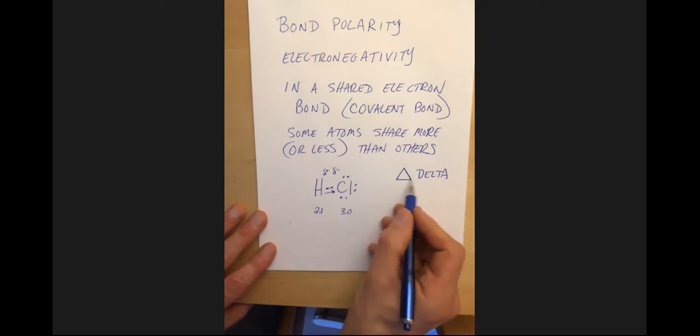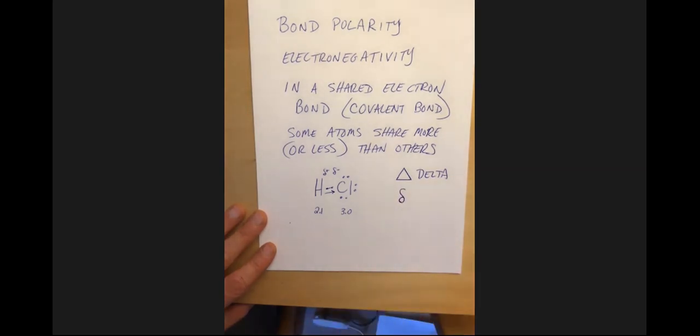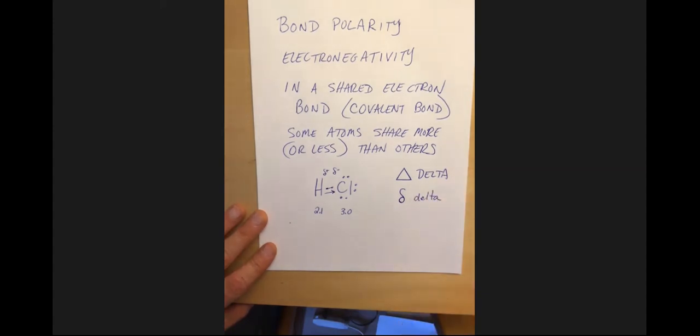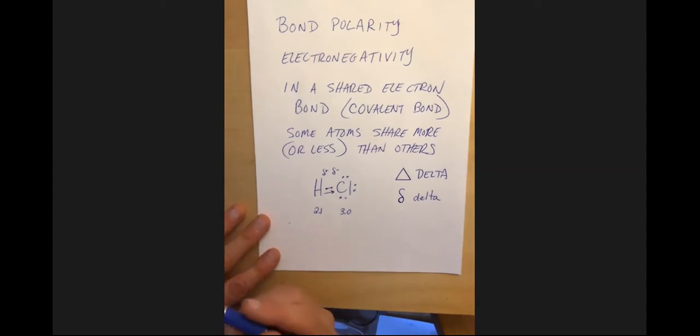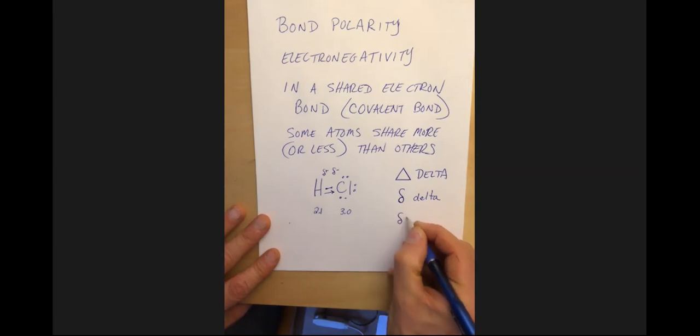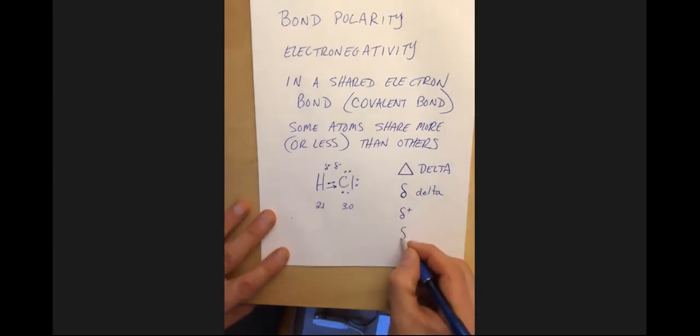But a capital delta means a big change. A lowercase delta means a small change. And so you will sometimes see me, and you'll sometimes see in the text, and as you go on further in your career, a slightly positive change, and a slightly negative change.